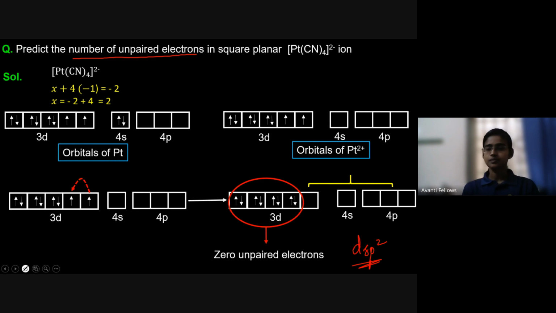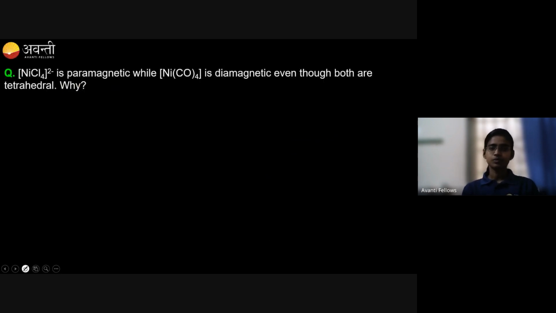Correct, students. Good. Now I'll give you one more question. Nickel chloride complex is paramagnetic, but nickel carbonyl complex is diamagnetic, even though both are tetrahedral. Why? Can you give me the reason?